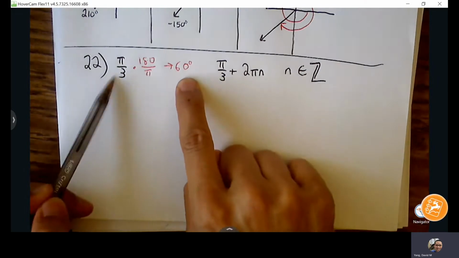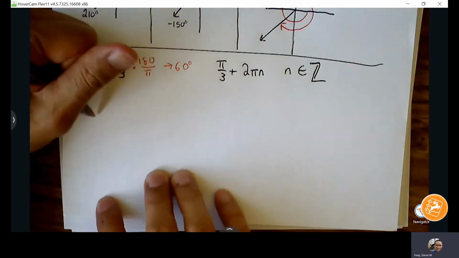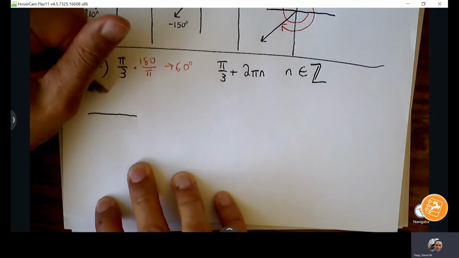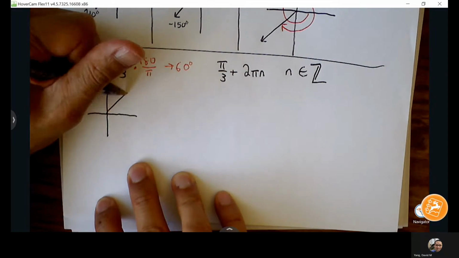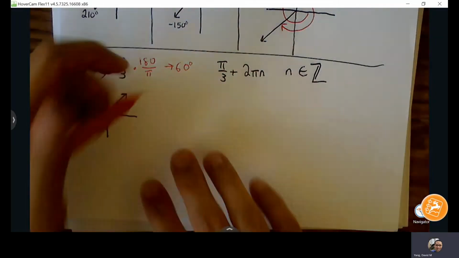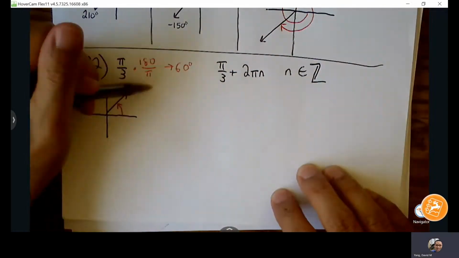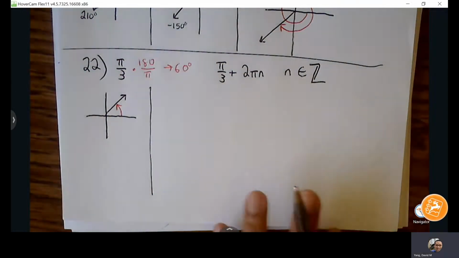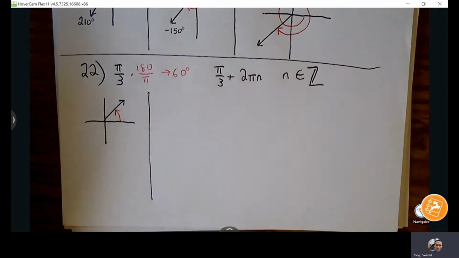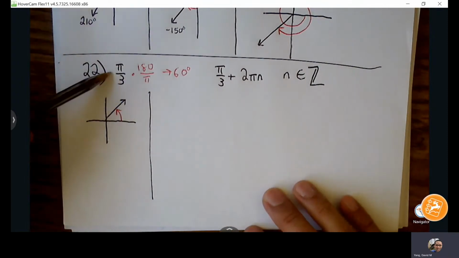Okay, so pi over 3, 60 degrees, we can safely say that's in the first quadrant. We're going to create a coterminal angle that is a positive and a negative version of this. So let's do a positive version of it.